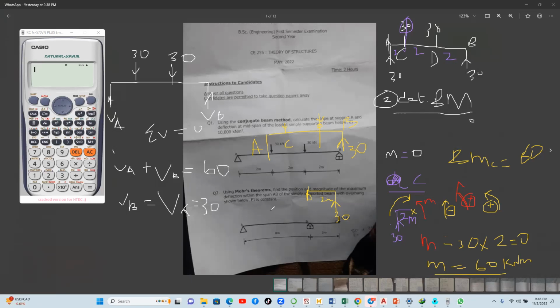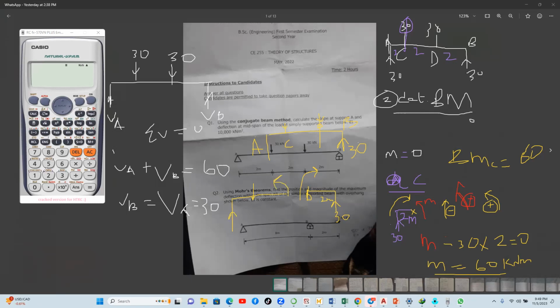Okay, so at point D, I said when I cut and take to the right, I'm going to have my directions this way. But if I took it to the left, which is like this, I would have gotten something like this.